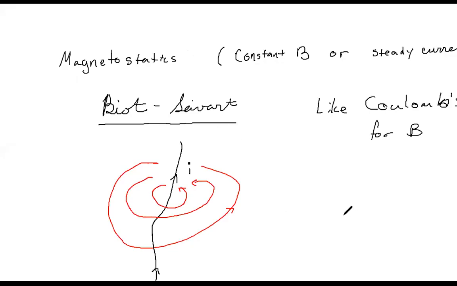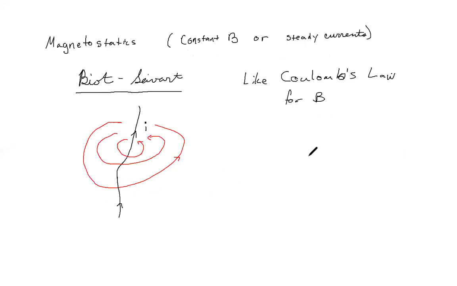So that supports the claim that the magnetic field lines wrap around the wire. As far as how this is oriented, you should grab the wire with your thumb.